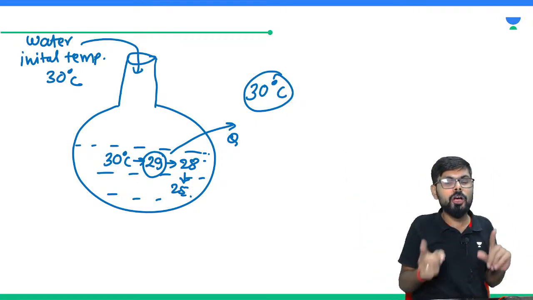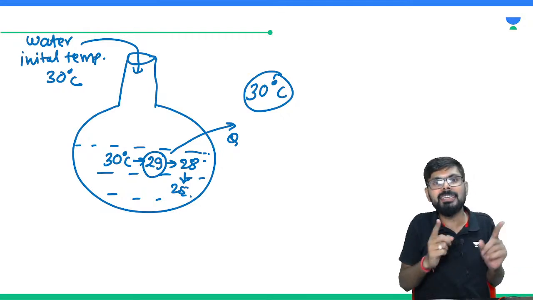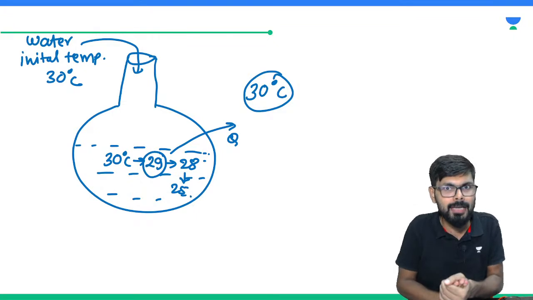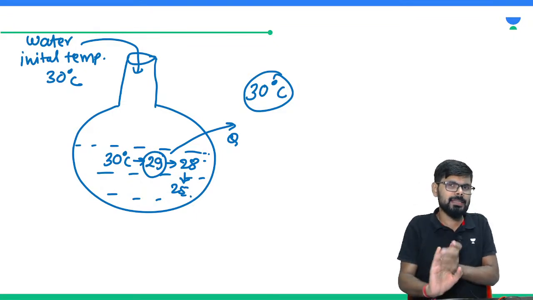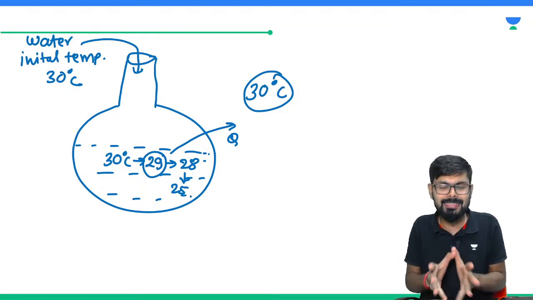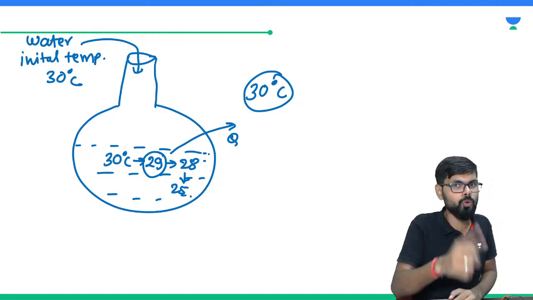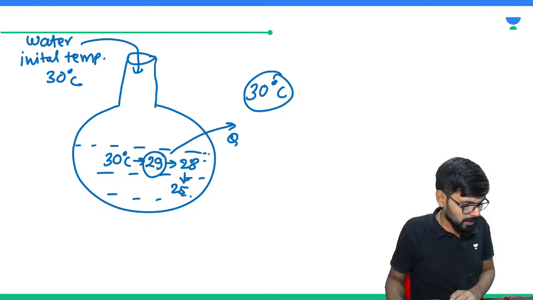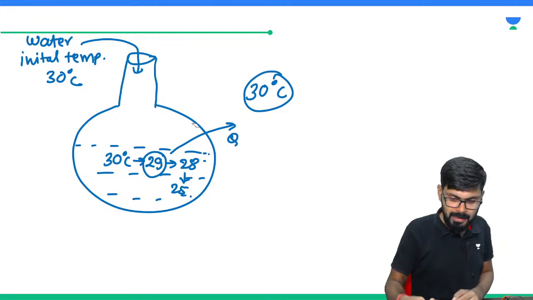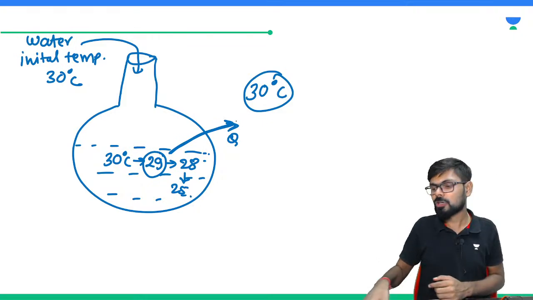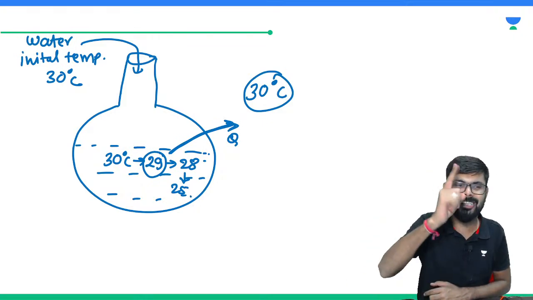According to the second law of thermodynamics, heat cannot be transferred from low temperature to high temperature without any external energy input. So as there is no external energy input, how is heat transferring from low temperature to high temperature? That you have to explain.